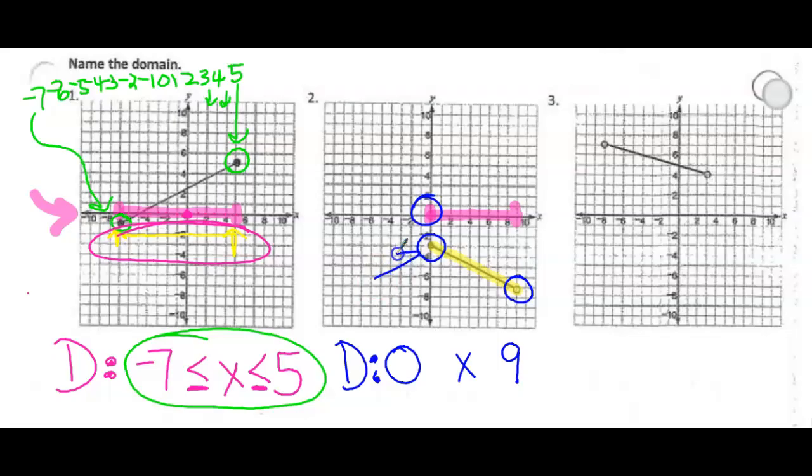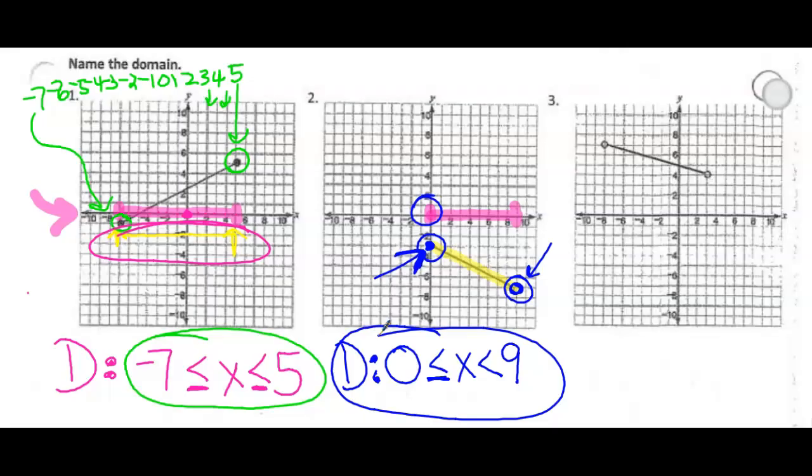The one here is a solid circle. Since it's solid, we're going to put a line underneath this. The circle over here where the 9 is is open, so I'm not putting a line. Because this yellow line is in between 0 and 9, I'm going to put a less than sign there and a less than or equal to there. Every time you write your inequality, the symbol should go the same direction.